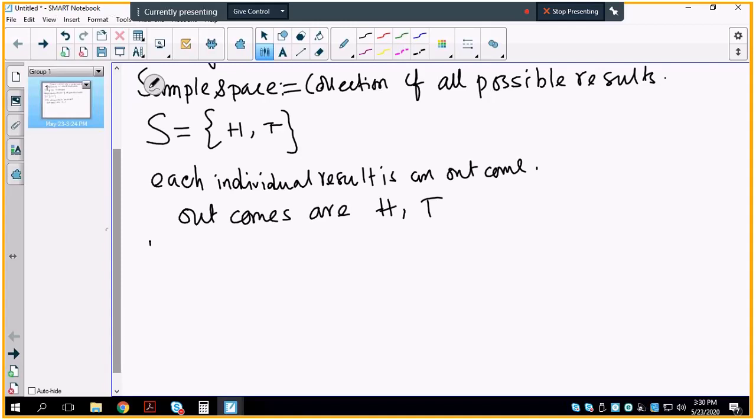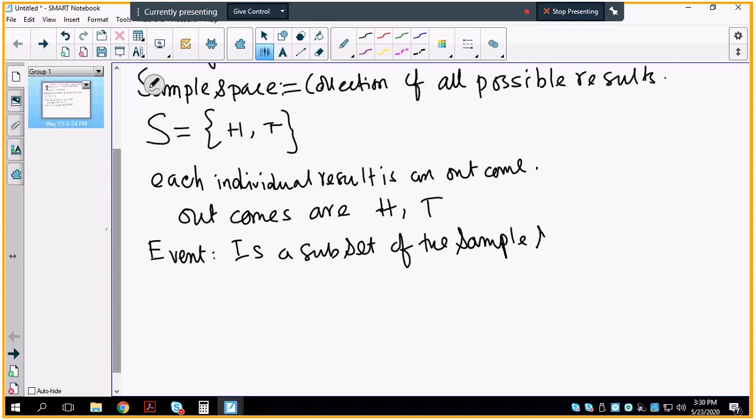Event. An event for an experiment is a subset of the sample space. Subset means it is a sub-collection of the entire collection of the sample space. So what are possible events for this experiment? Well, think about nothing. That's an event. If we write curly braces with nothing inside, it is called the null event, but it is an event.